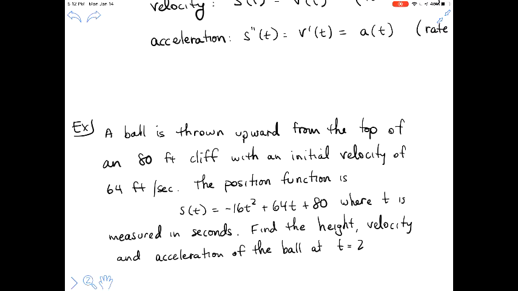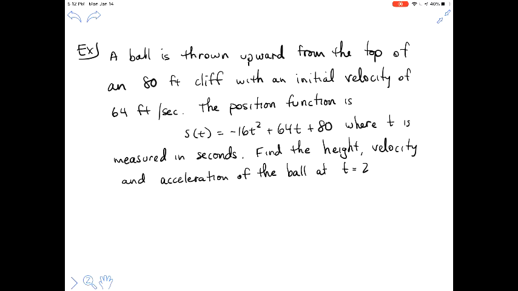Find the height, the velocity, and the acceleration of the ball at time t equals 2. So what they're asking us to find is s of 2, that's the position, or height. They want to find v of 2, that's the velocity at 2 seconds, and they want us to find acceleration at 2 seconds.